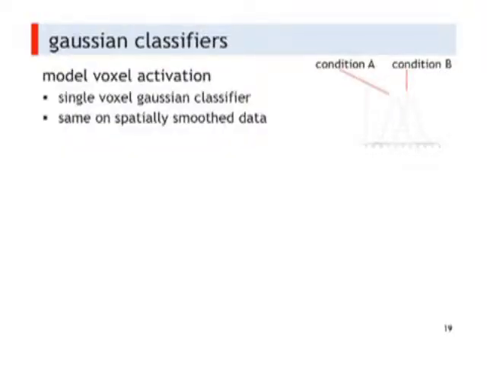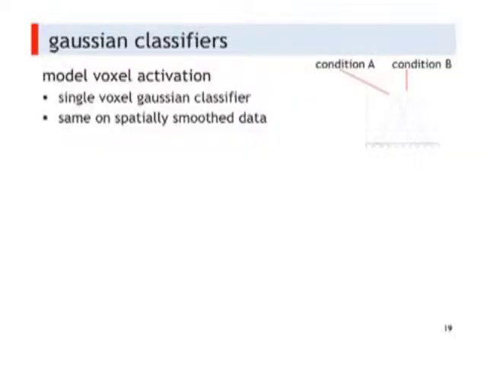And so there are two major classes of types of classifier that I wanted to describe, and in general, either class has one specific organizing principle. In the case of the Gaussian classifiers I'm describing here, what the classifier tries to do is to say, for a single voxel, well, I have so many values of this voxel while the subject is thinking about tools, so condition A, and so many values where they're thinking about buildings.